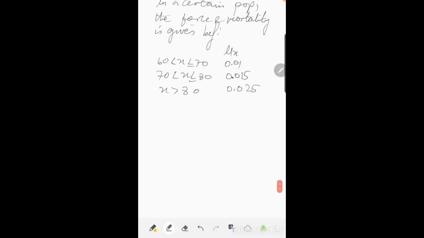So we need to calculate the probability that a life aged exactly 65 will die between exact ages 80 and 83.